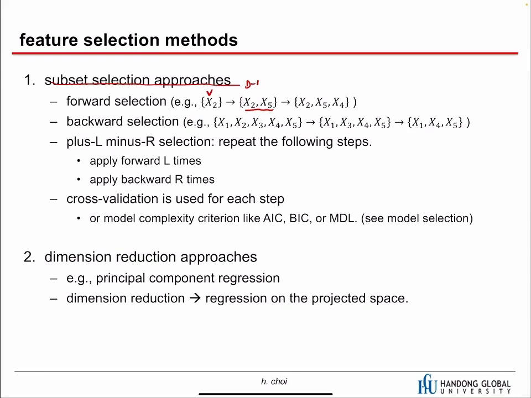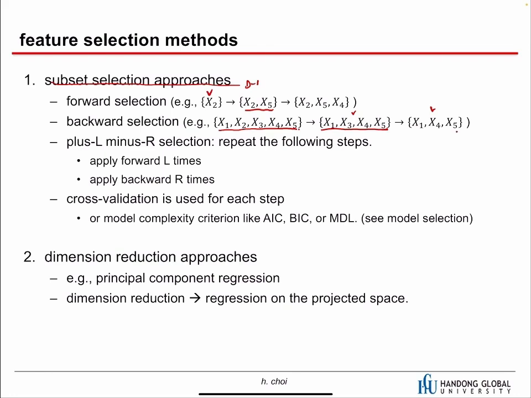And backward selection goes the other way. So we can start from all the features, and then we can delete 1 out of 5. So when we delete x2, then we get the best performance, and from this we delete one more, then this one is the best feature set.